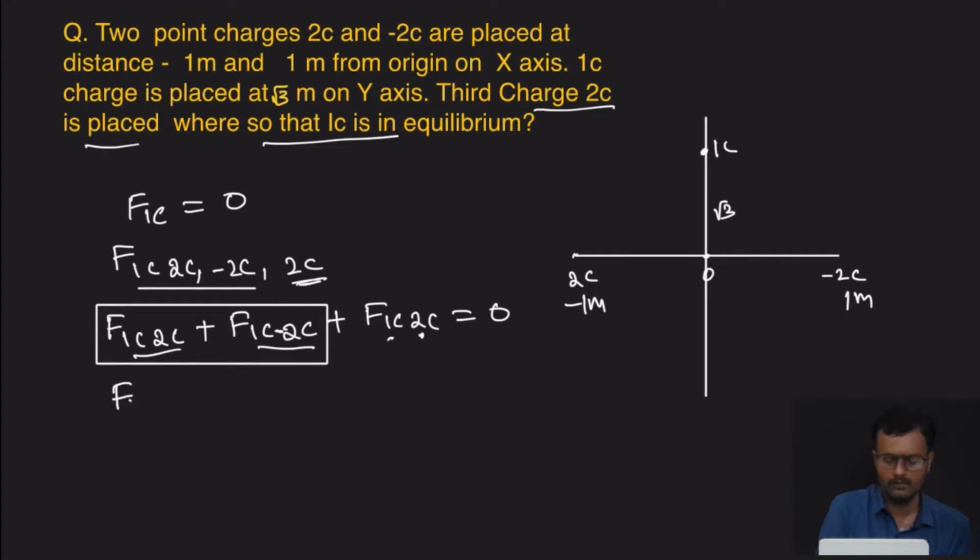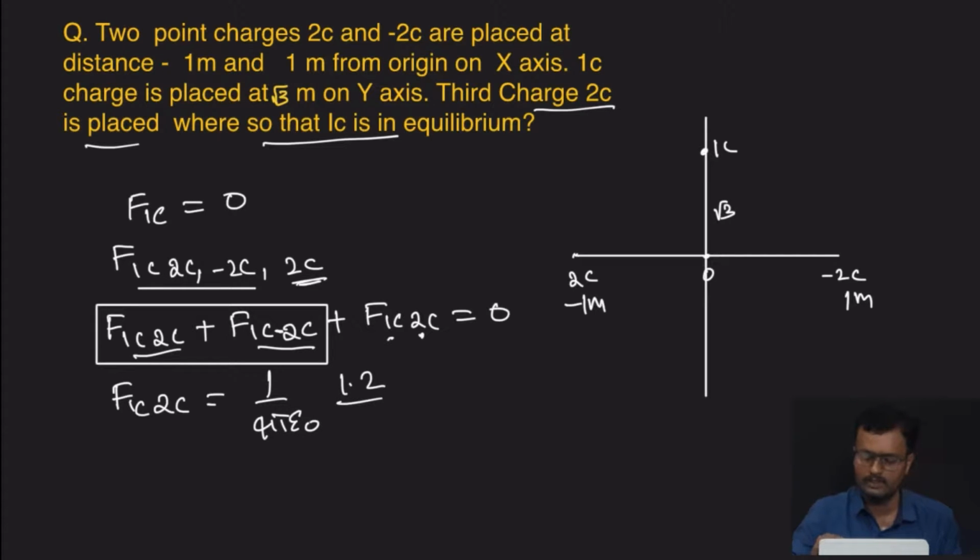Force on 1 coulomb by 2 coulomb is equal to 1 by 4 pi epsilon naught, q1 q2 by d squared. What is the distance between 2 coulomb and 1 coulomb? This is the right angle, this side is 1 meter and this is root 3. The distance is the hypotenuse. Hypotenuse squared is equal to side squared plus side squared.